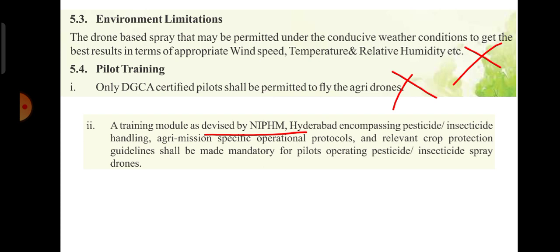Now your job is, you should tell me the full form of NIPHM. Pesticide or insecticide handling, mission specific operation protocols and relevant crop protection guidelines shall be made mandatory for pilots operating pesticide or insecticide spray drones.